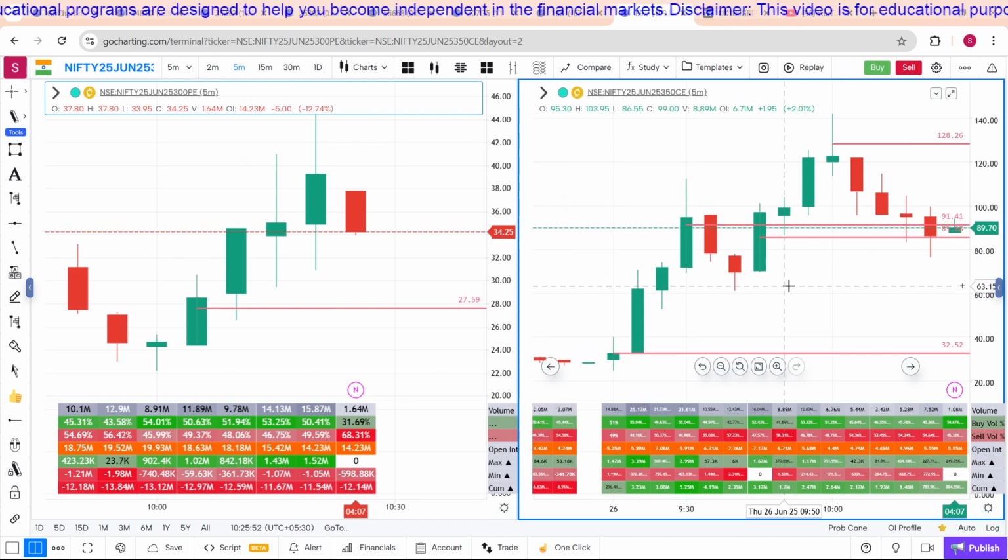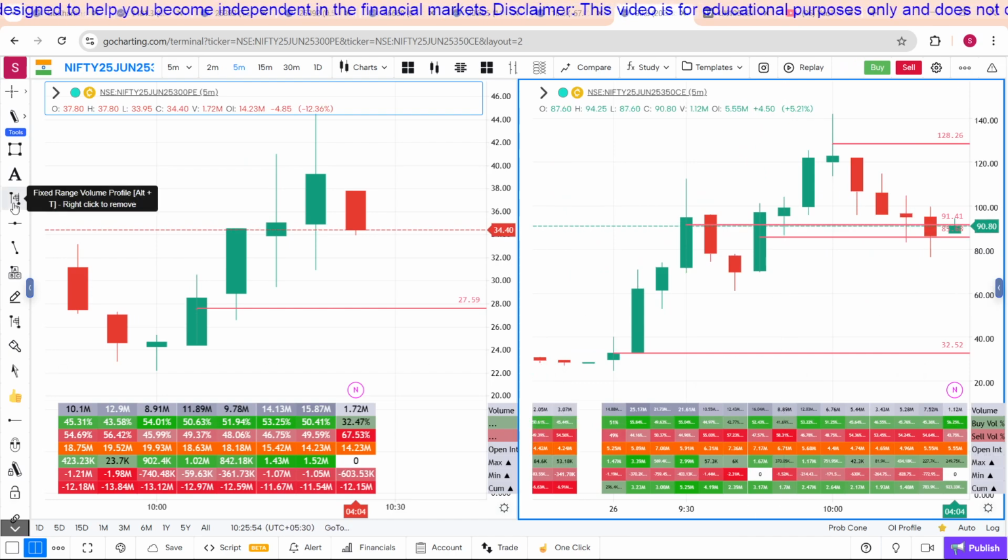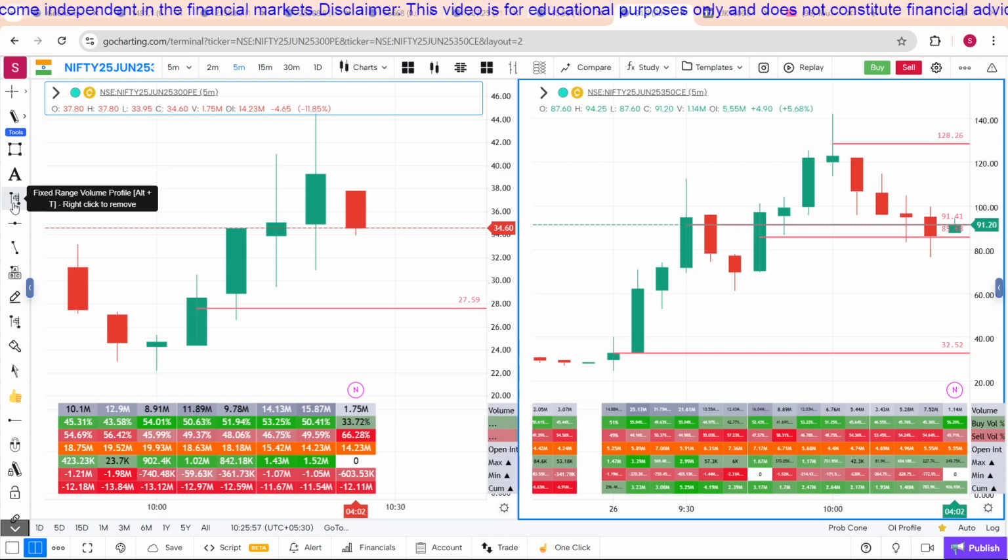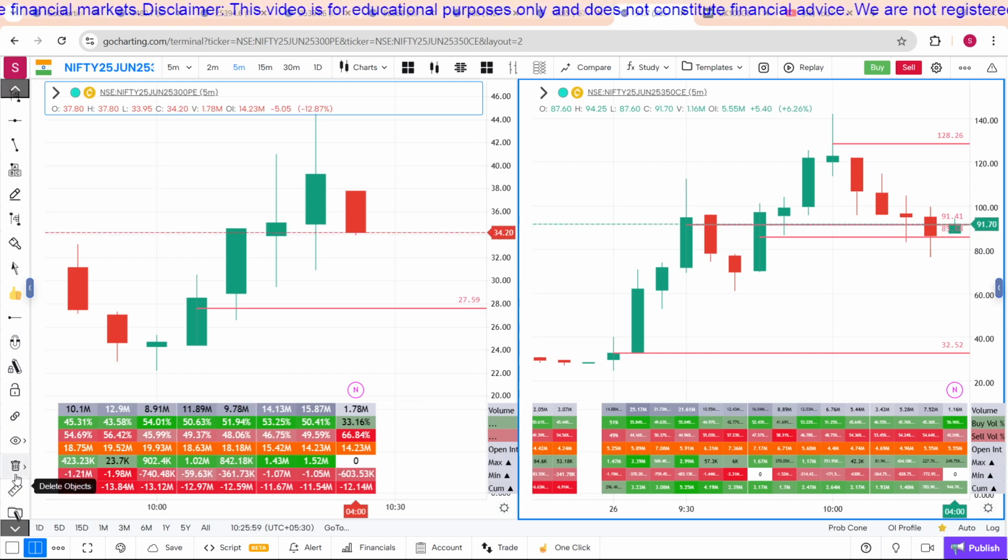The same thing we can trade in 5 minutes also. 5 minutes is very good for this. So we can remove all the drawings.